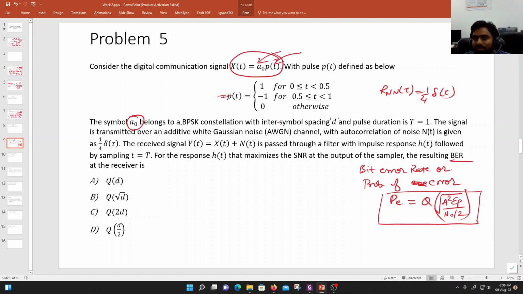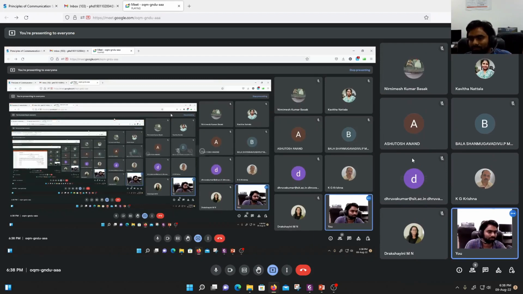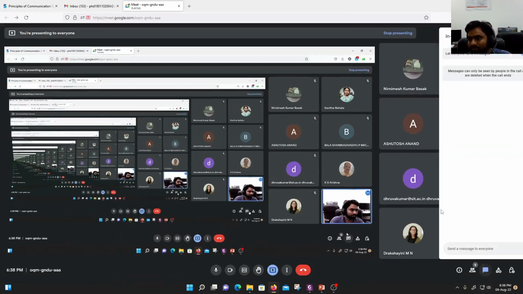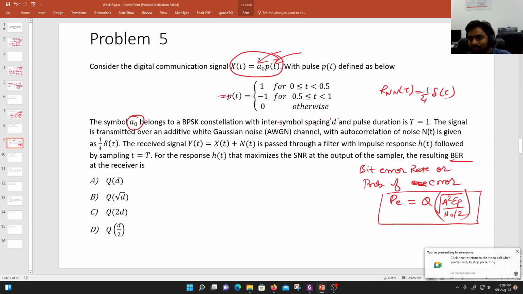But if the system changes, then we need to go with the derivation. So this formula, again I will write a few things.